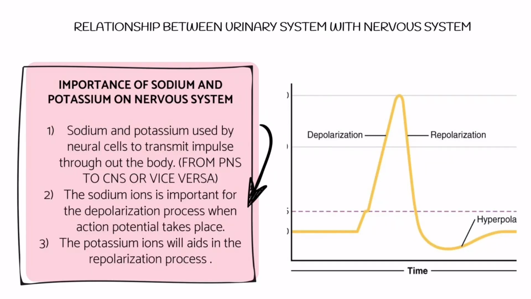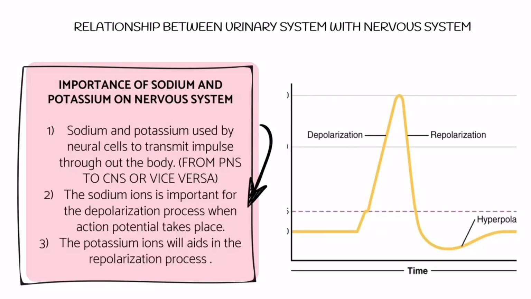The influx of sodium ion is controlled by the sodium gated channel. When the depolarization process achieves its peak, this stimulates the opening of the potassium gated channel and causes the potassium to rush out from the cells. This action is called the repolarization process.